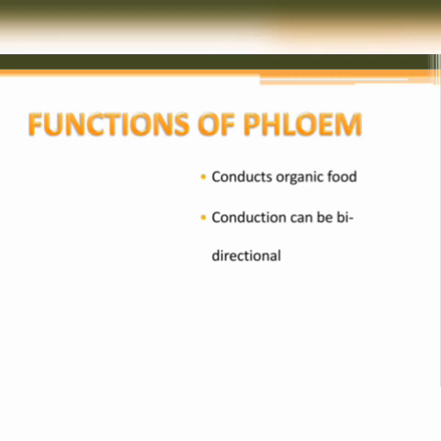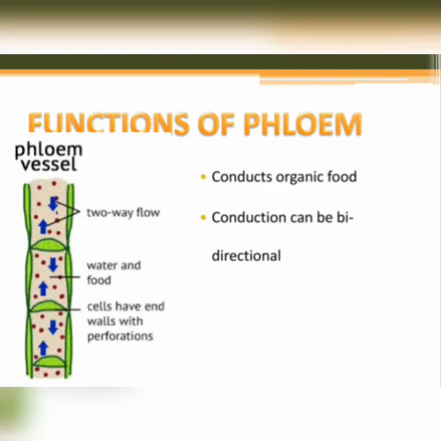According to the position of the leaf, the movement of the organic food can be upward to that region of the leaf, or it can go downwards towards the direction of the roots. As we can see in the figure given here, the blue arrows indicate the two-way flow or the bidirectional flow.